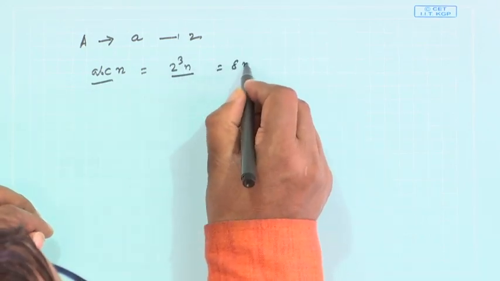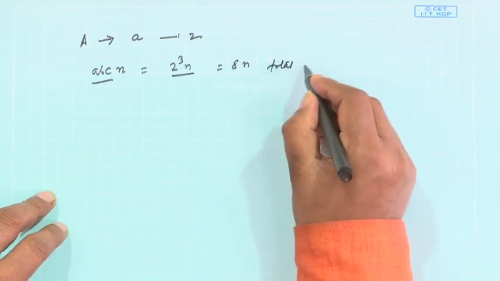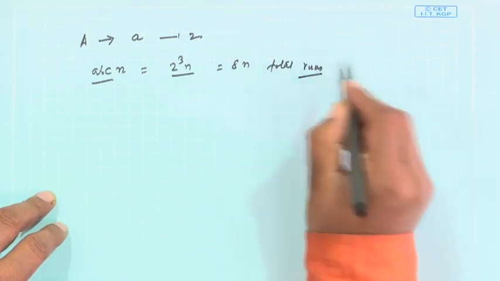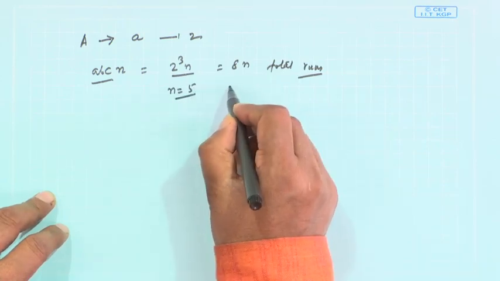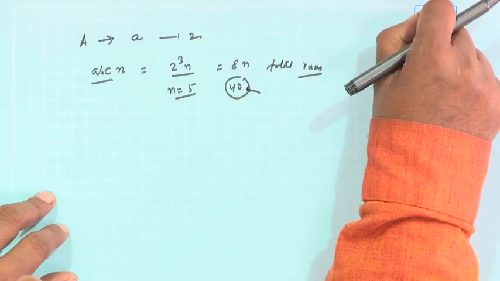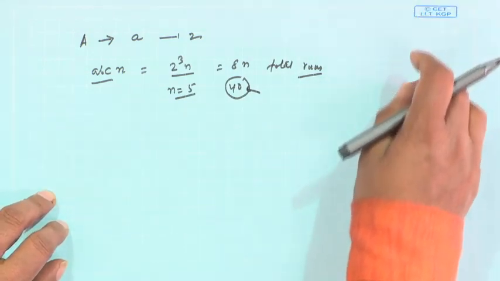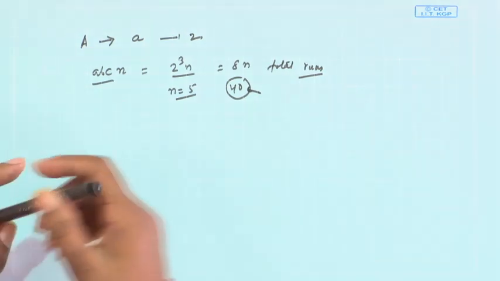So, you require 8n total runs for 3 factors. Now, if I consider n equal to 5, then you require 40 experimental runs to be completed. So, it is possible, it is easy, it will be less costly.